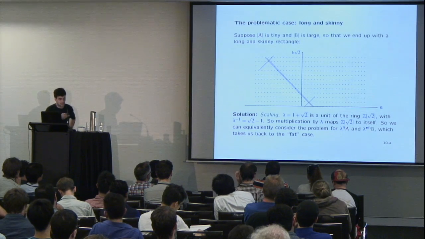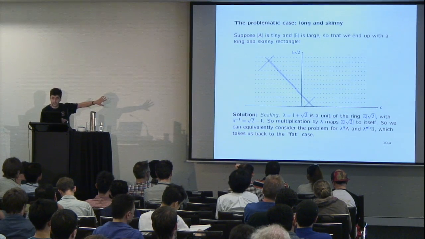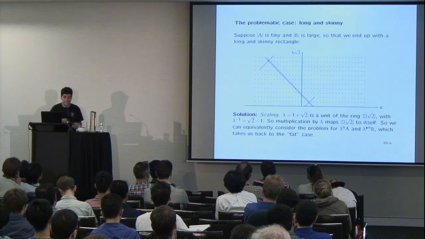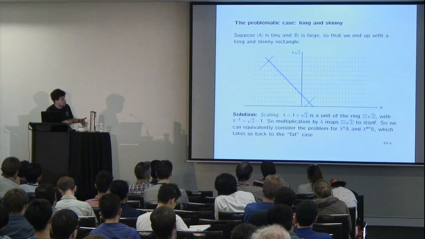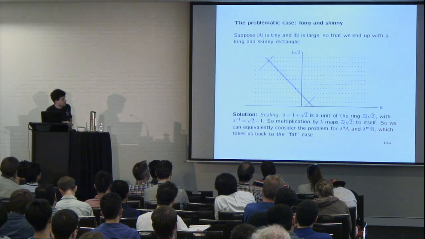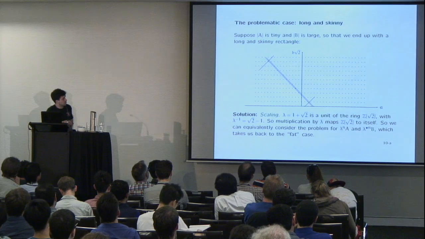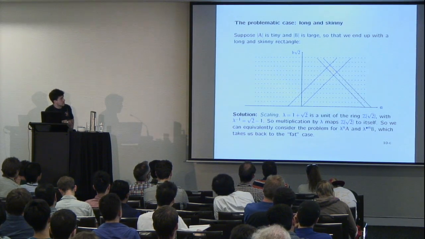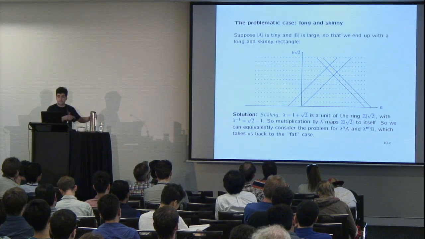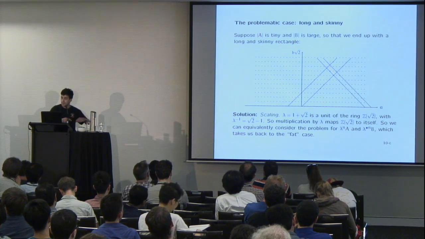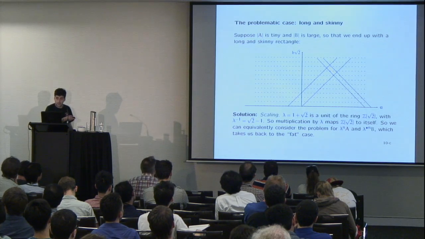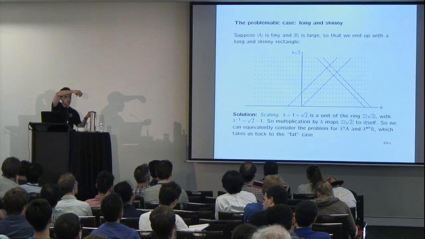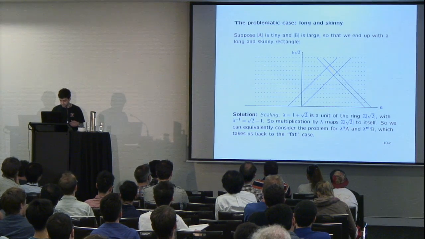And what happens is that instead of considering this hard case of the grid problem for A and B, you're going to consider the slightly easier case of the scaled grid problem, where you consider the intervals lambda A and lambda-bullet B. So the geometric effect of this is to transform this long skinny rectangle back to a fatter one, so that you can solve that problem and map the solutions you found there to solutions to the initial problem using the inverse of lambda.